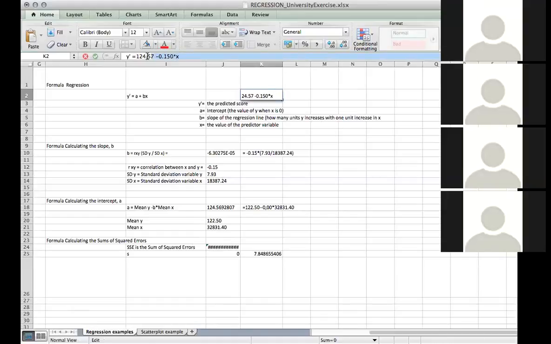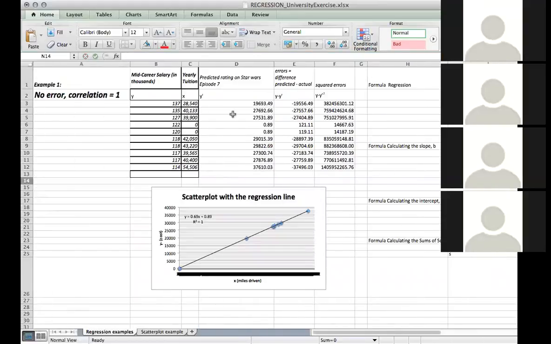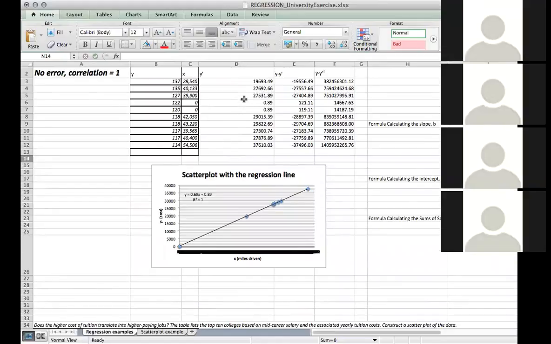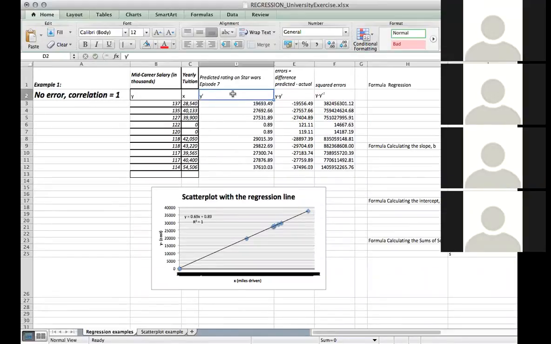So I'm going to copy this. This is again just to really make it explicit, to explain it well. But we're going to copy this value into the y hat column. This is what we're going to use to predict our values, right? So it's equals 124.57 minus 0.15 times x.